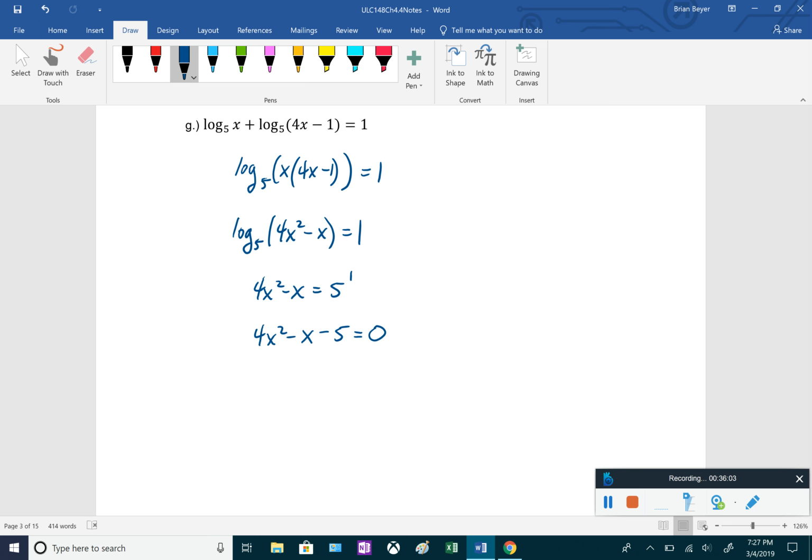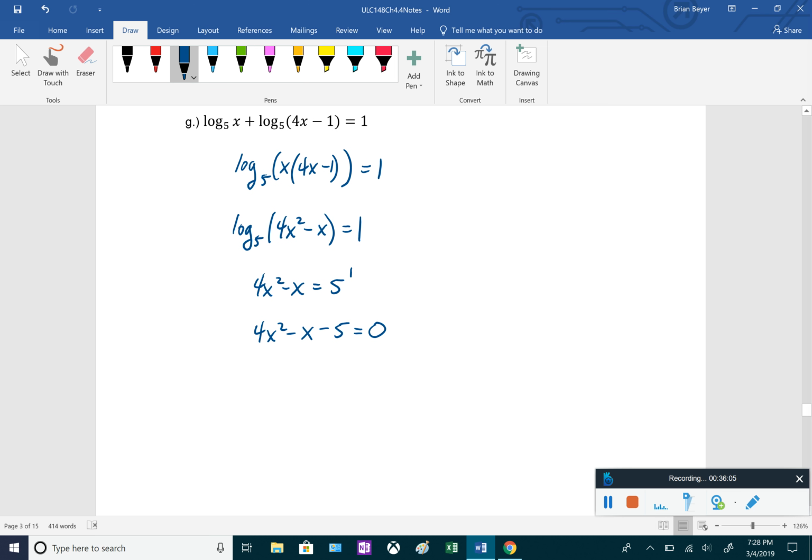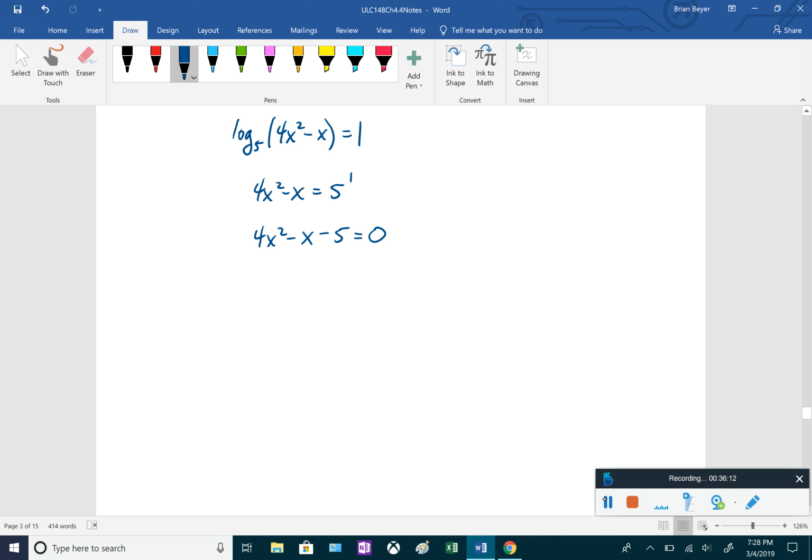And that does not factor very nicely. Even if it does factor, it's not very nice. So let's use the quadratic formula. So the quadratic formula here is going to be x equals negative b plus or minus square root b squared minus 4ac, all divided by 2 times a. So let's plug in some of these numbers.